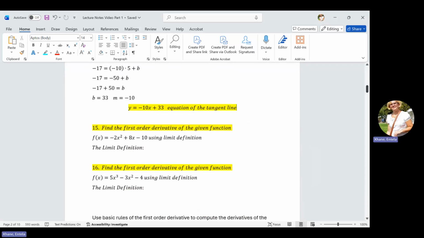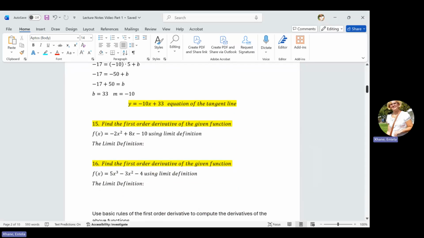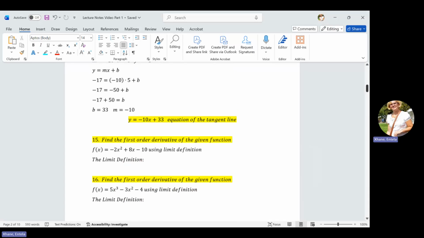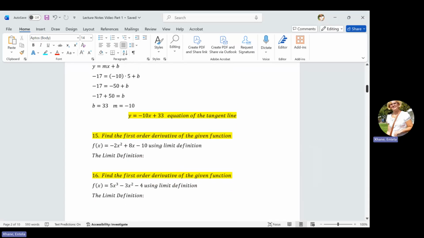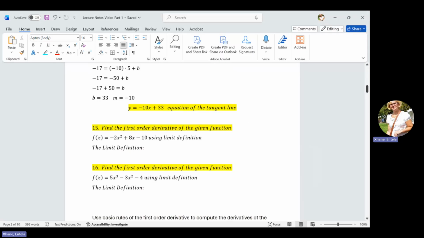Okay, now let's get to the two additional examples. The two additional examples are finding the first order derivative of the given function using the limit definition. I'm going to do one, and then I'm going to ask you to do one. Since I already showed you one with the quadratic form, it makes sense to do one with a cubic, with exponent 3, and then assign number 15 for you to practice on your own.